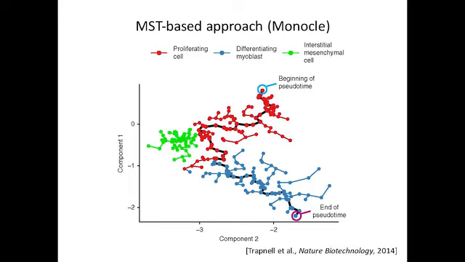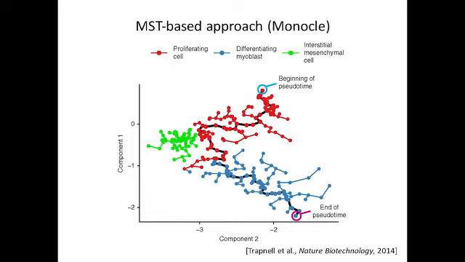So here's an illustration of applying that method to some real data. Every point here is a cell after doing dimensionality reduction. The edges between those points correspond to the edges of the minimum spanning tree. And now what the authors have done is they've actually used some side information that they had in order to color each of the nodes based on what part of the cell differentiation process that cell is believed to be in.